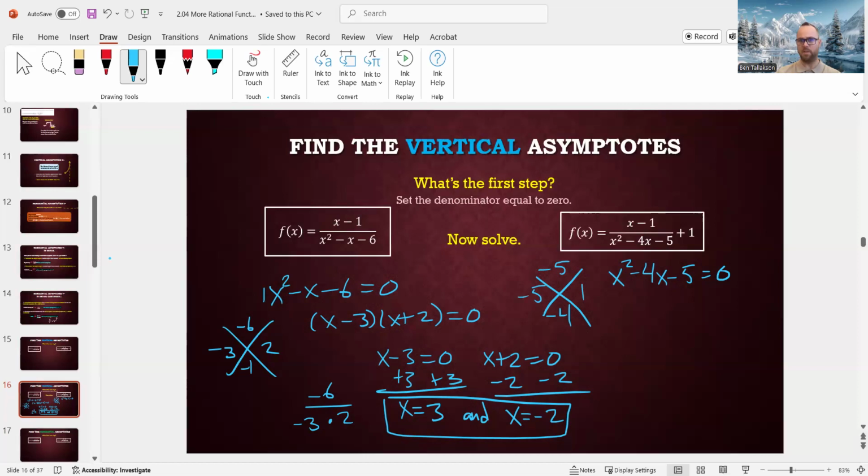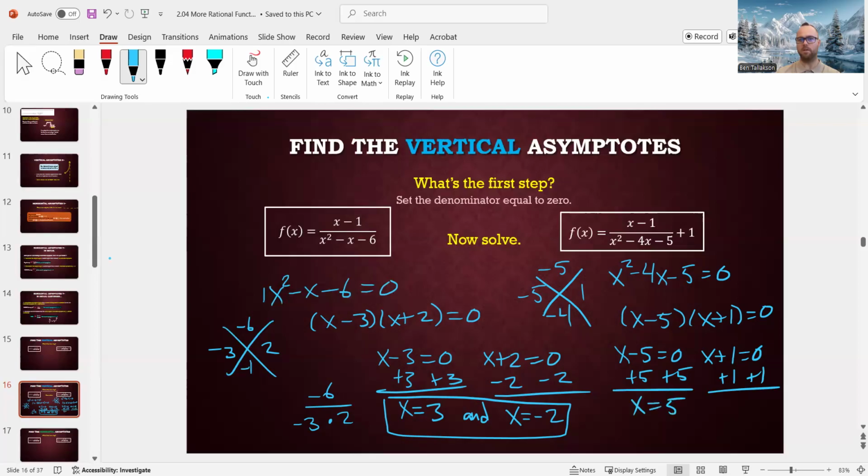This would have to be a negative. So we factor it out. X minus 5 times x plus 1 equals 0. Separate. Solve. X is 5 and x is negative 1. Again, two vertical asymptotes.